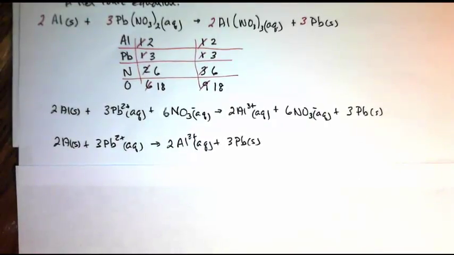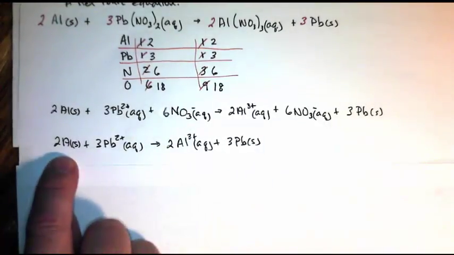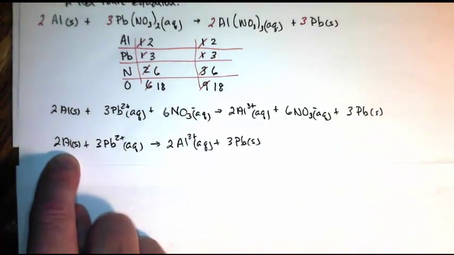How'd you do? Why did you put that? Okay. The reason I didn't put a 3+ on the first aluminum is because an element that's by itself has no charge.